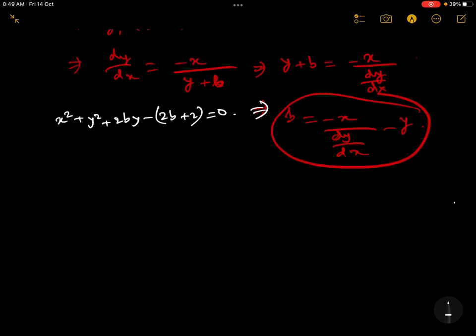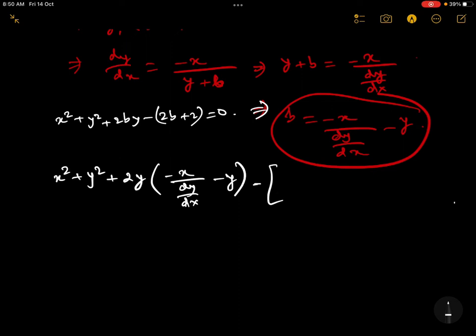Okay, let us substitute here. x squared plus y squared plus 2y, and then what is our b? Our b is minus x dy by dx minus y. Of course, this is for 20 marks, so it should be a bit longer than the usual problem. And 2, our b is minus x dy by dx minus y and plus 2. Be very careful with the sign.